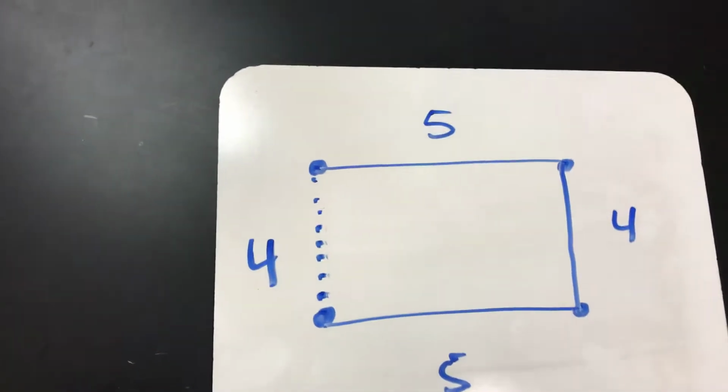Okay. Along those same lines, speed is how fast something's moving, and velocity is your speed in a certain direction.